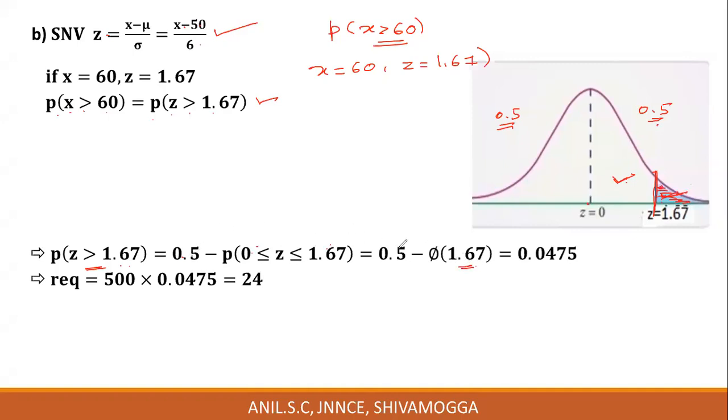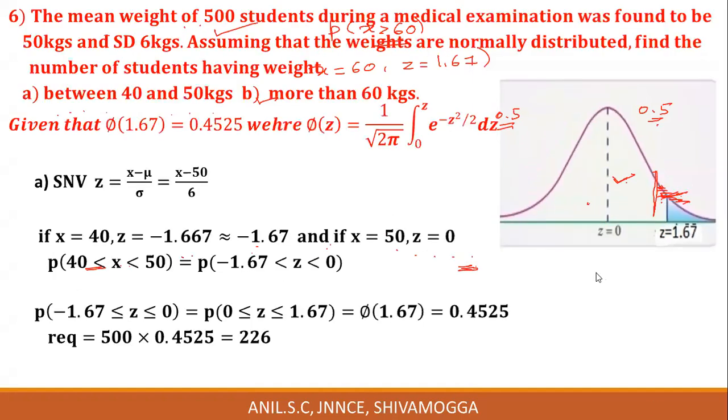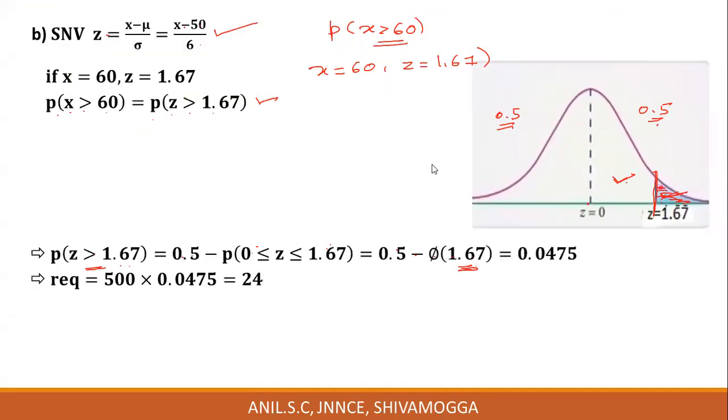Therefore, we get 0.5 minus phi of 1.67, and table value of phi of 1.67 is 0.4525. 0.5 minus 0.4525 is 0.0475.